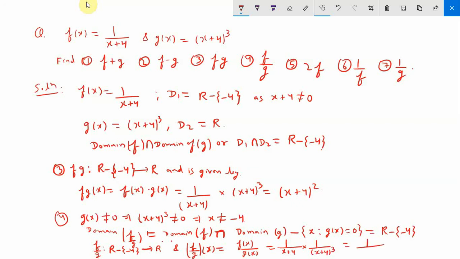So it will be 1 by (x plus 4) to the power 4. Okay. So we have calculated f by g, fg.